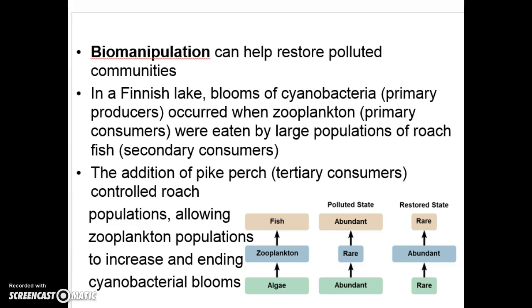And this was in response to eutrophication, which is when there are minerals added to bodies of water, usually lakes, but sometimes even the inlets of a bay can experience eutrophication. So what will happen is, for example, farmlands will have runoff of nitrogen from the fertilizers, and that nitrogen is also a fertilizer to the cyanobacteria, which are primary producers.